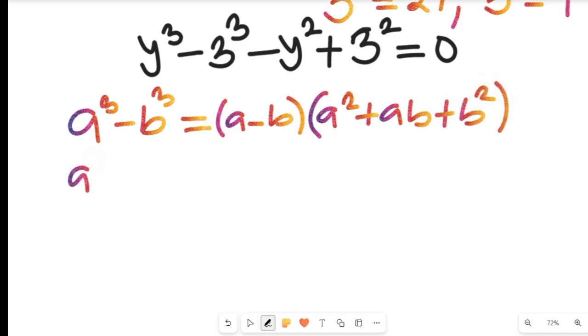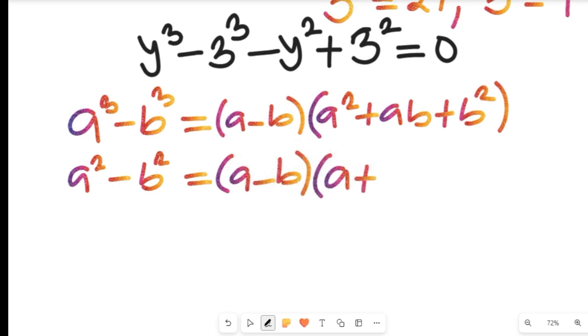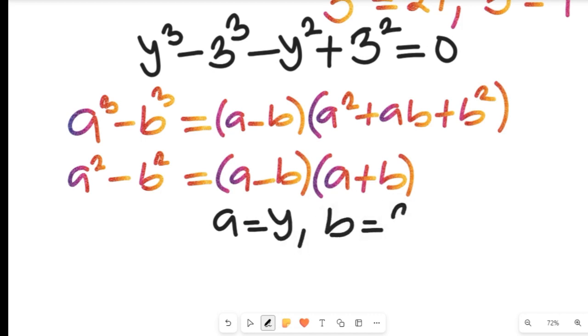And if we have a to the power of 2 minus b square, this can be equal to a minus b times a plus b, right? Good. So if we substitute that into the expression, recall that our a is equal to y, and then our b will be equal to 3.